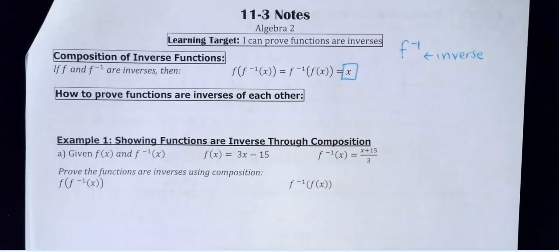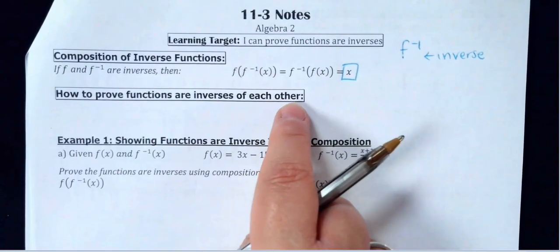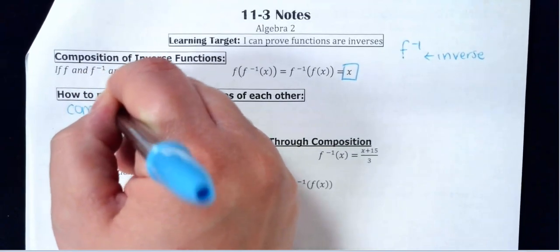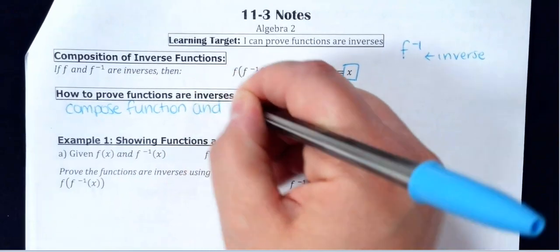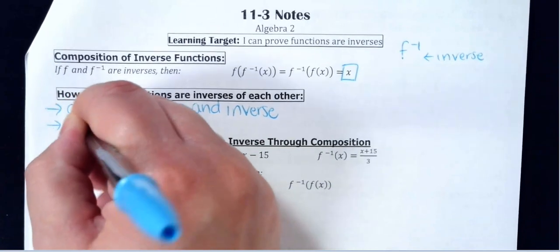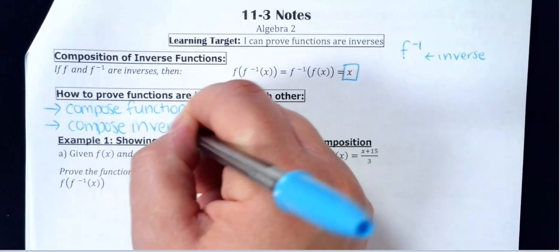That's what we're going to be looking for as we go through these problems today: once we plug in and do the algebra, it should all simplify down to give you back x. Now, you actually have to do two. It says how to prove functions are inverses of each other. You're going to compose the original function and its inverse, and then compose the inverse and the function.